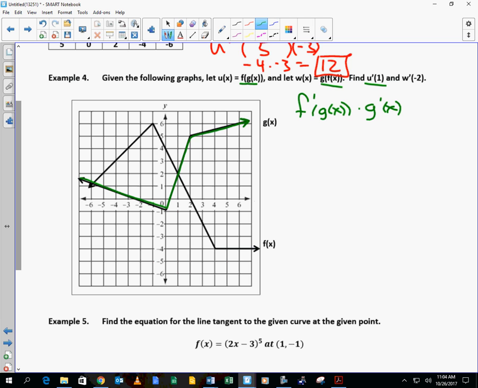Okay, so what do we plug in? We're going to do u here. We're going to plug in 1. G prime of 1. What does that even mean? Slope of 1 is 3.